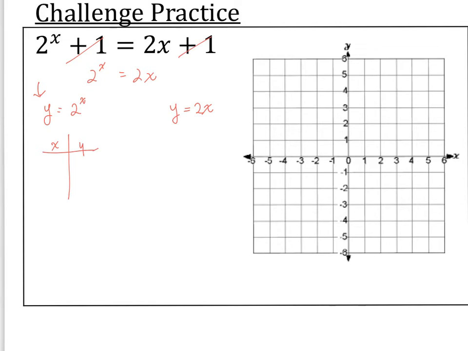So when x is 0, y is 1. When x is negative 1, y is 1/2. When x is 1, y is 2. Let's do one more. When x is 2, y is 4. So to go ahead and plot these points.